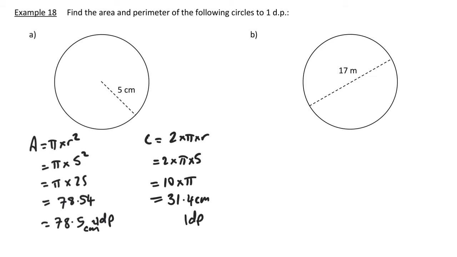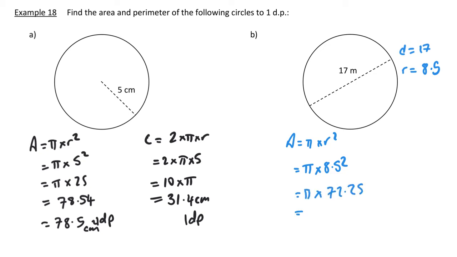Part B, to work out the area, what we've been given is the diameter is 17, so that means the radius is going to be 8.5. So area is pi times r squared, which is pi times 8.5 squared, or pi times 72.25, or 226.98.